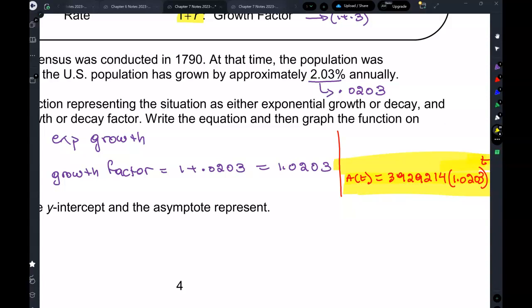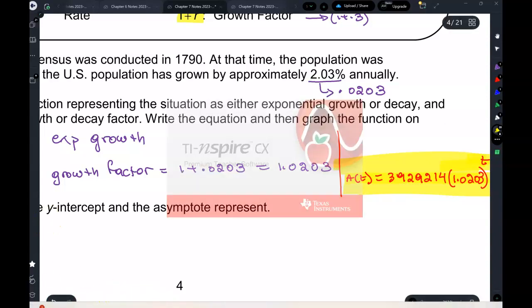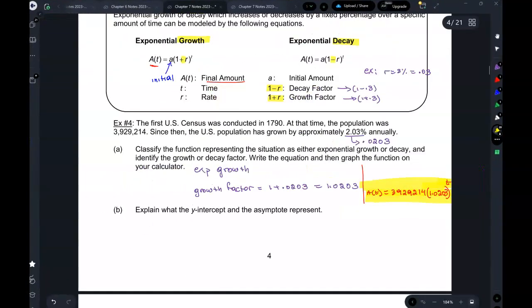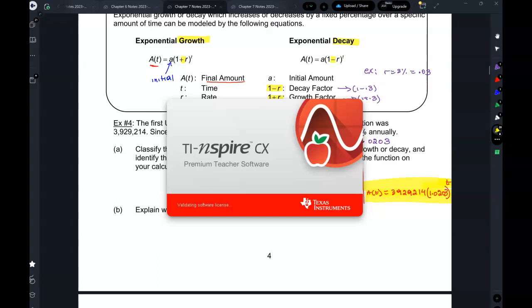So for instance, if somewhere else in the problem it's talking about a span of 10 years, in the equation you can't put in 10 for that. Okay, so let's go ahead and graph this, please. We want to find the y-intercept and the asymptote and explain what those represent.